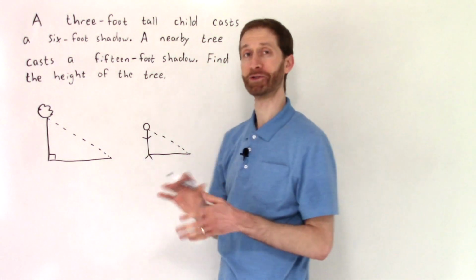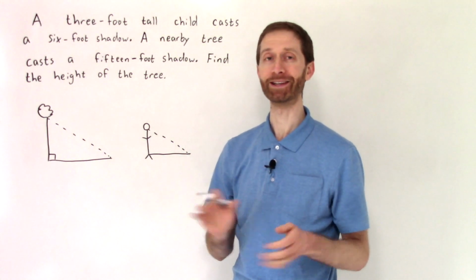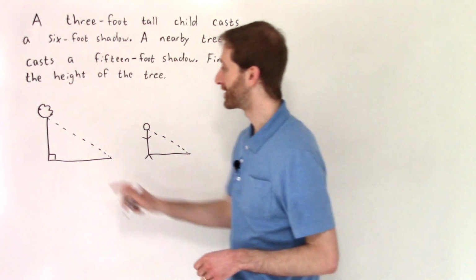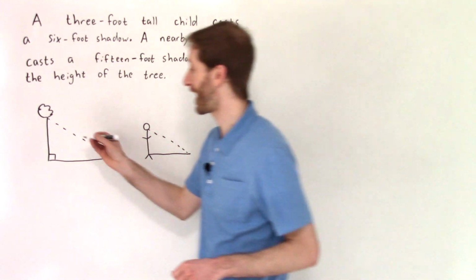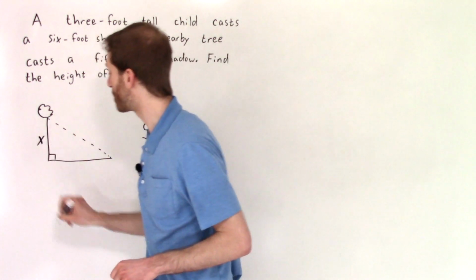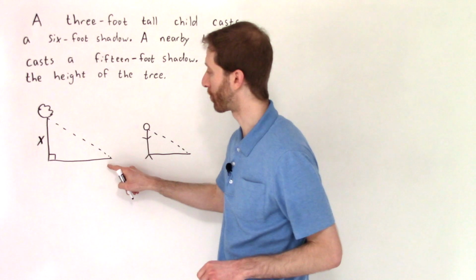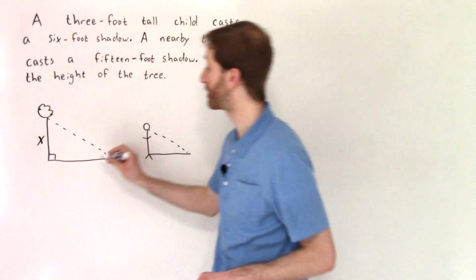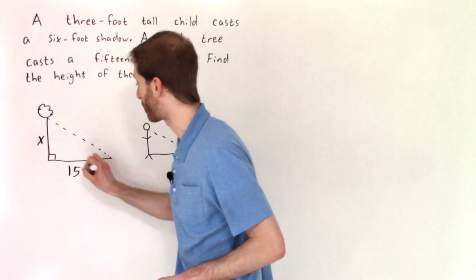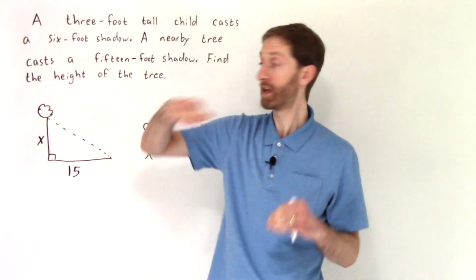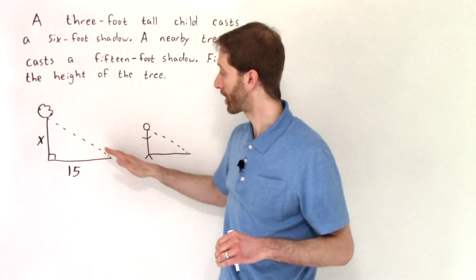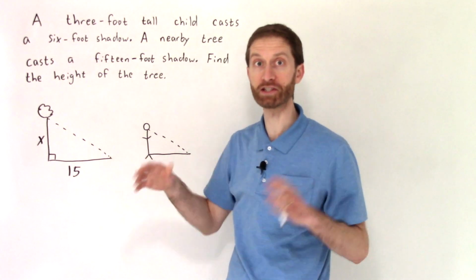So what I've drawn for you here with no ability with arts at all is your tree right here, and we don't know what the height of the tree is, so we'll call that X. But what we do know is that it casts a shadow along the ground that is 15 feet. So I'll put a 15 right there. This dotted line represents the light that is hitting the top of the tree and then coming down and hitting that tip of the shadow right there.